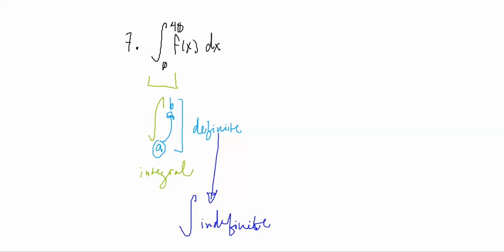Okay. So then this is your function. And this is necessary. It's just some math mumbo jumbo that's telling you that x is the variable. It's like when you do d dx, it's telling you to take the derivative with respect to x.